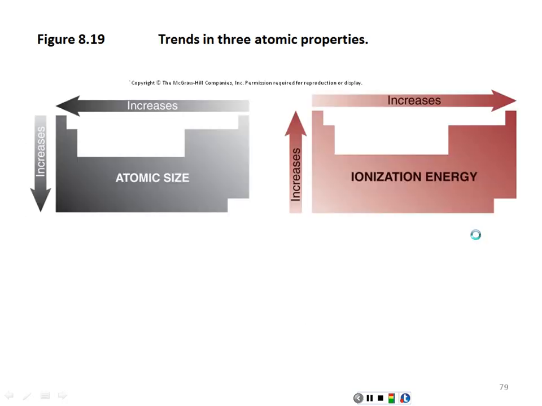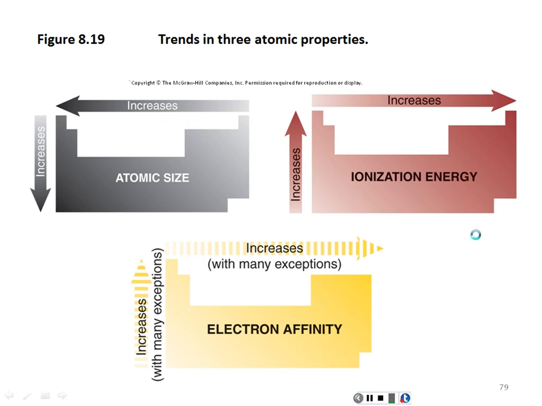So let's go through the 3 properties we've gone through so far. Atomic size, remember, increases as you go to the left of the periodic table and down a group. Ionization increases as you go up a group and across to the right on the periodic table.